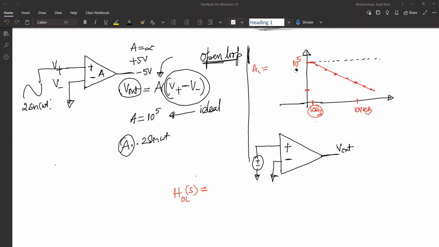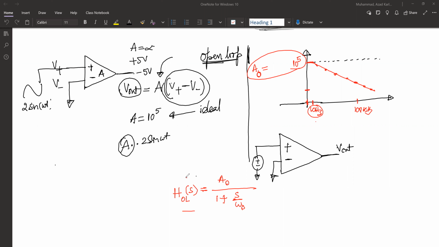Let me not work with decibel scale right now. So let me call this large number A naught. That is the DC gain of an open loop op amp, because that's the gain at frequency 0 or frequencies which are very small. So the transfer function looks like A naught, which is the DC gain, over 1 plus s over omega naught.